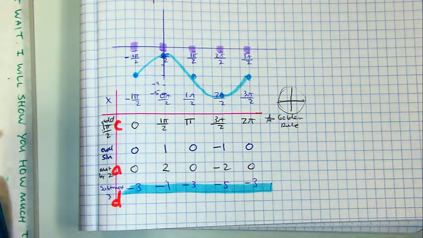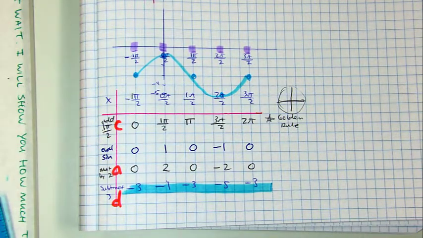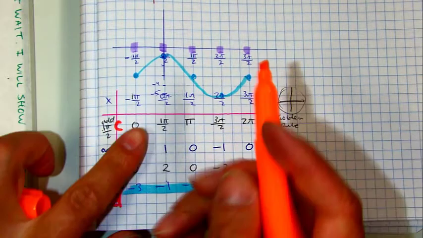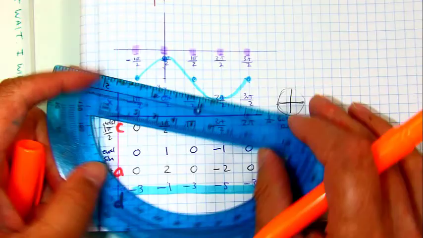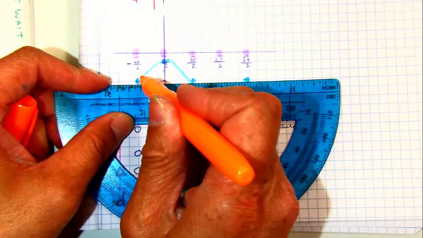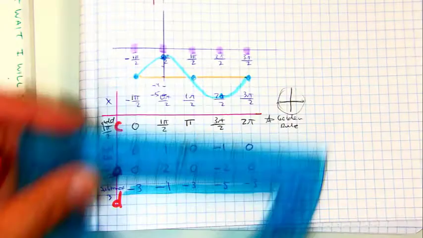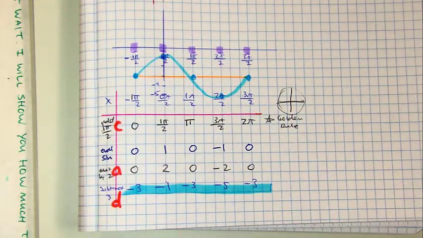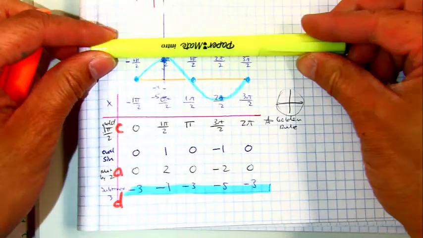Put your finger, or your pencil, at the midline. It's between your x-intercepts for sine. Where was I supposed to be at? Up here, right? Where from the yellow to the orange?